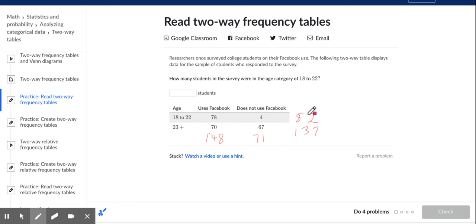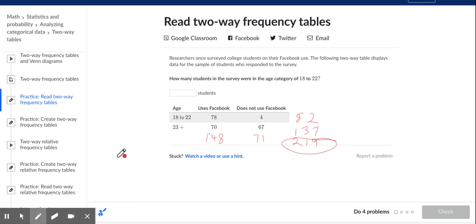So these added together should be the same number. So 82 plus 137 is 219. 148 plus 71 is also 219. So that's good. So this is the complete total. That's the number of people who were surveyed total.